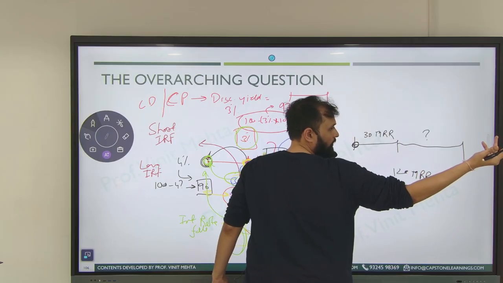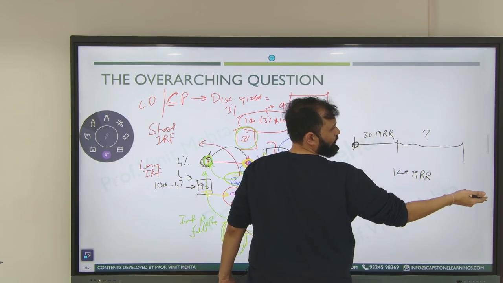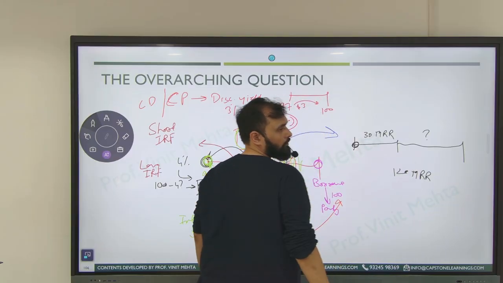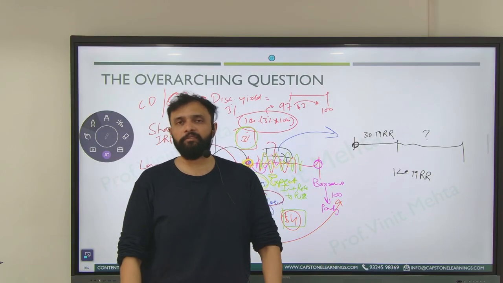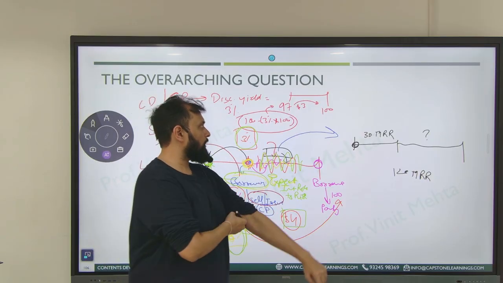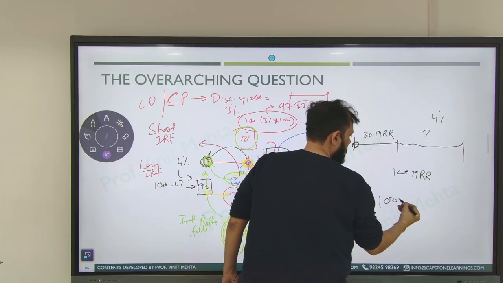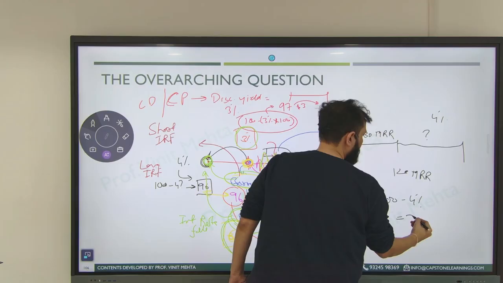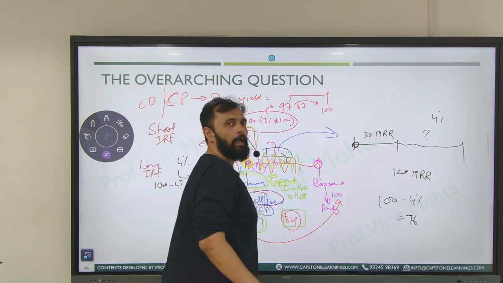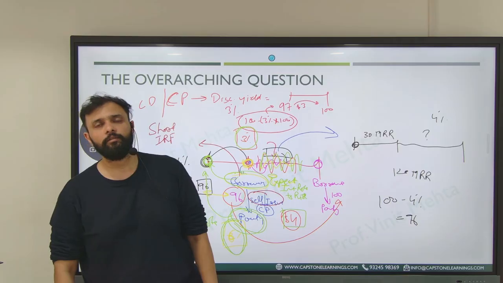Remember the implied forward rate you calculated for FRA? It is the same thing you're going to do in case of interest rate futures. Nothing new, exactly the same. And once you get the number, let's say this turns out to be 4%, then it is very simple: 100 minus 4%, and it's going to be 96, and it's fixed. As simple as that.